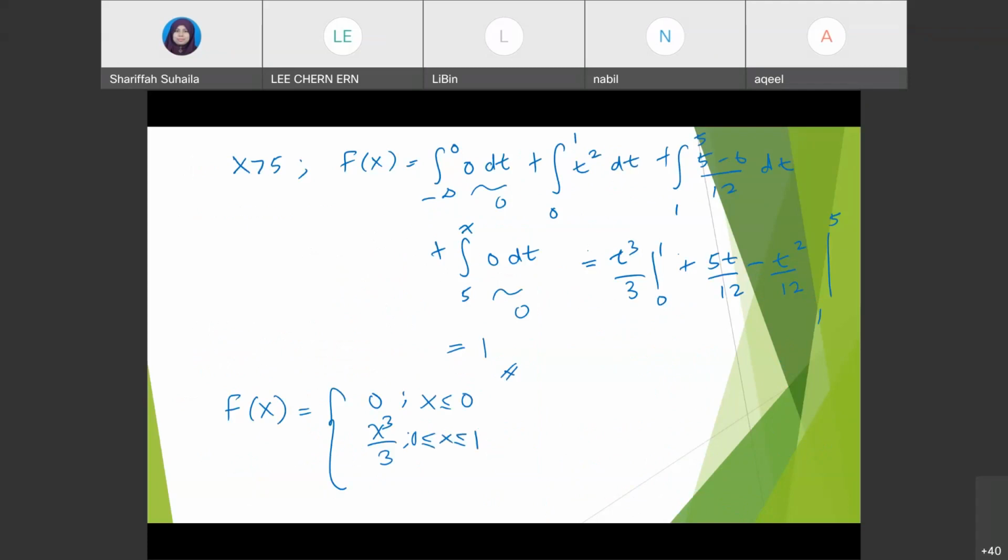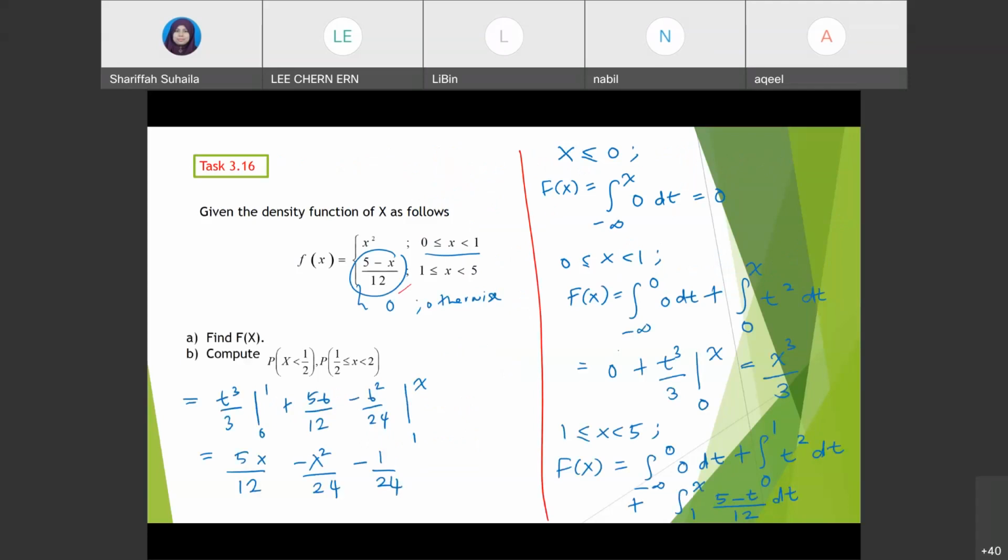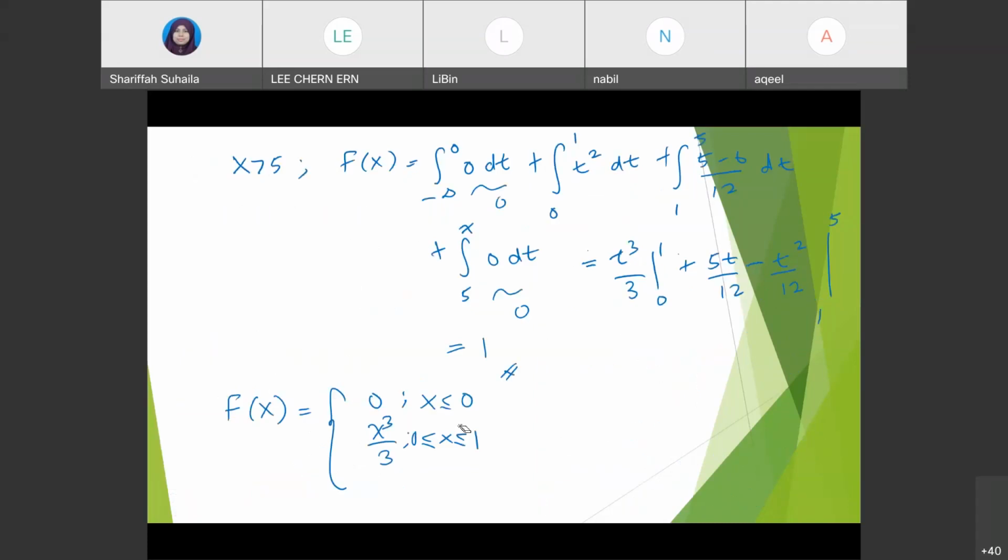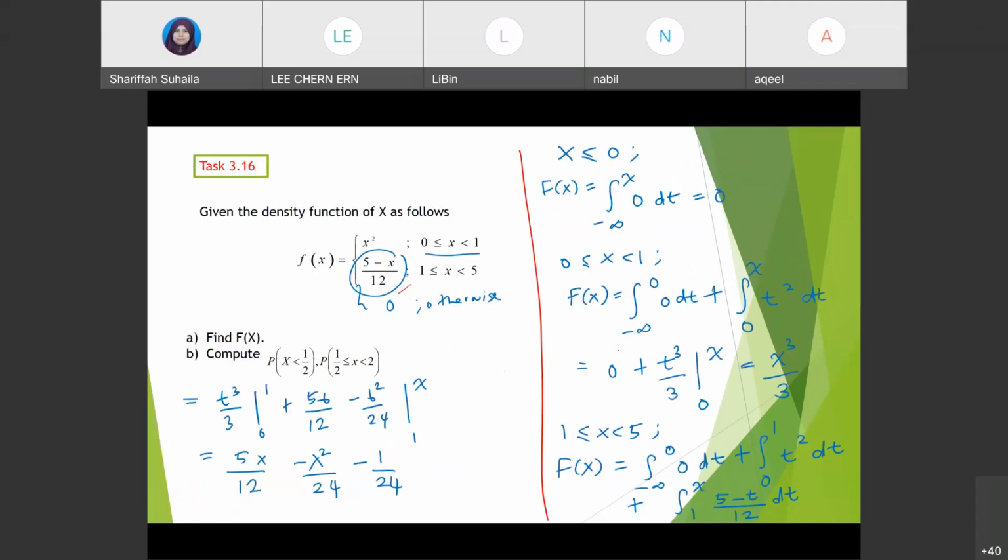Okay, and then 1 and 5. Okay, 1 and 5 table. So you have here 5 over 12x.